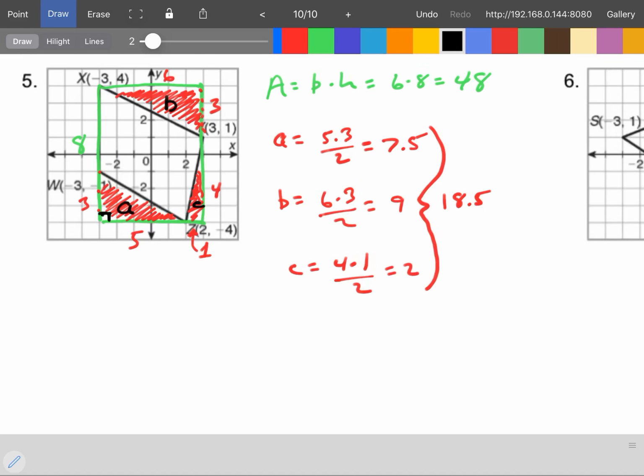So then our final answer, that's for the final figure. Again, what we're finding is the area of this figure right here. Oh, I'm off the screen again. Hold on a second.